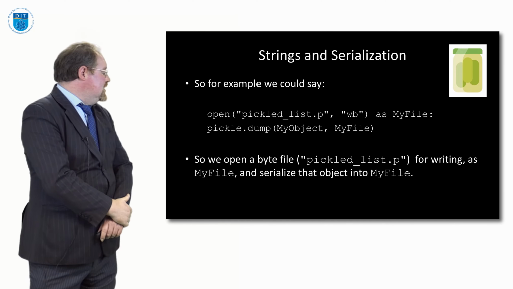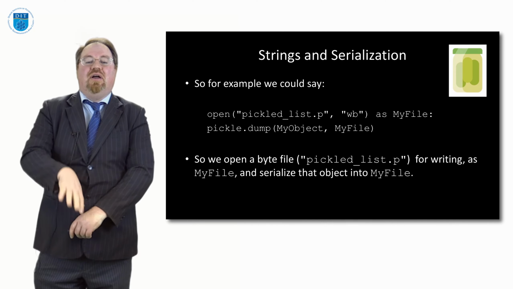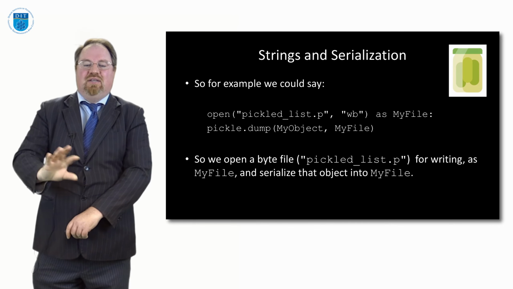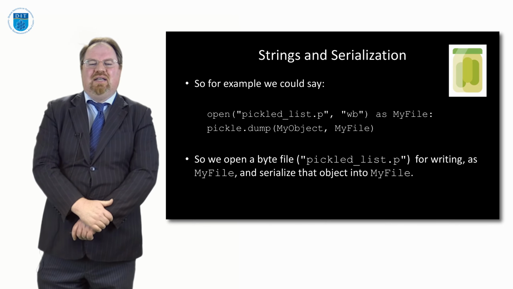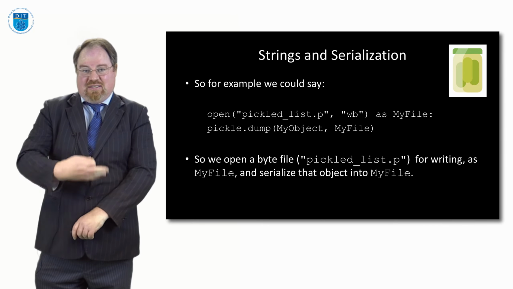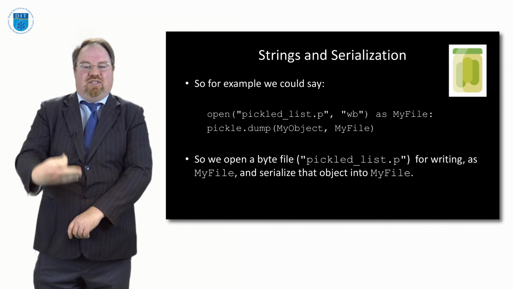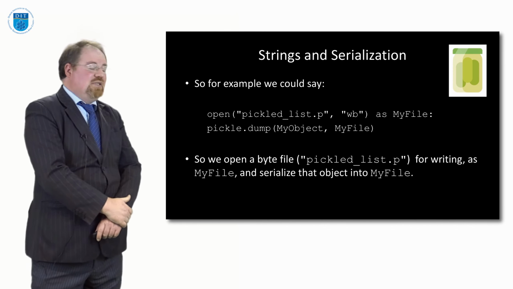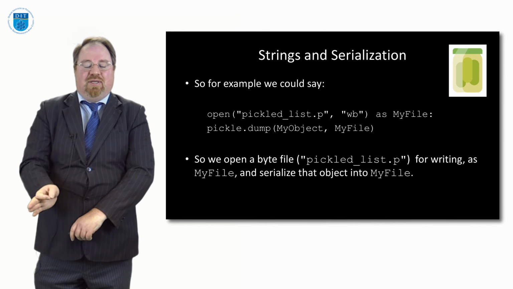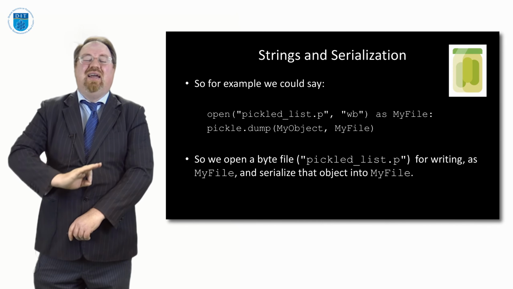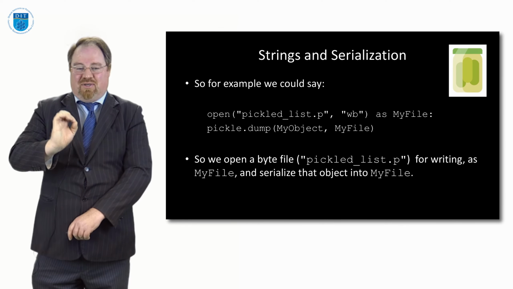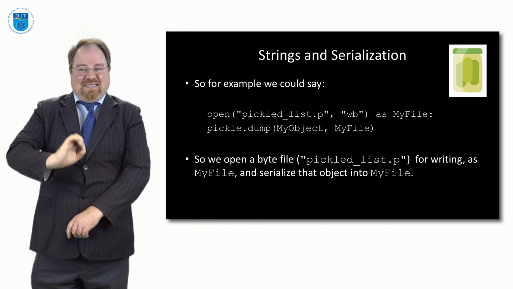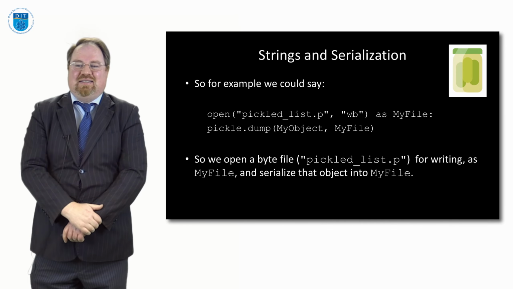So whatever your object is, my object, I'm writing it into pickled_list.p. It's a kind of byte file, and it serializes the object, or pickles it, saving the object into that pickled_list.p. You will see plenty of examples where there isn't a .p. I kind of insist upon it. I think it's just good practice so that the person reading the code knows that that's the name of a file and not anything else.